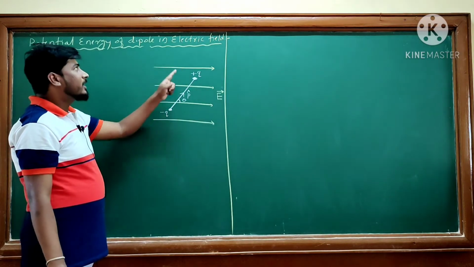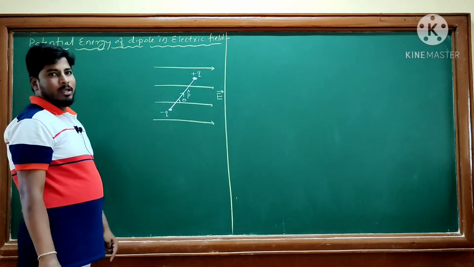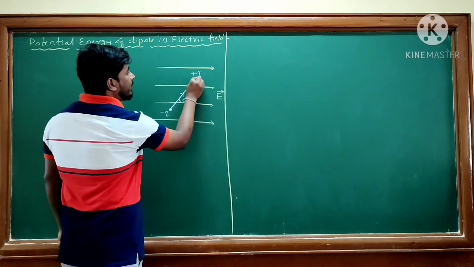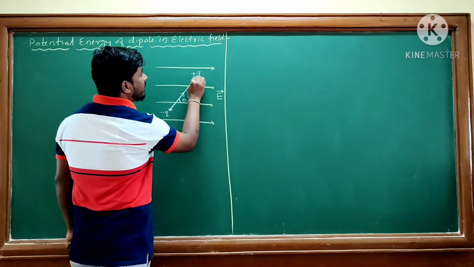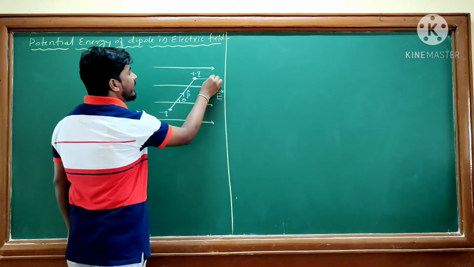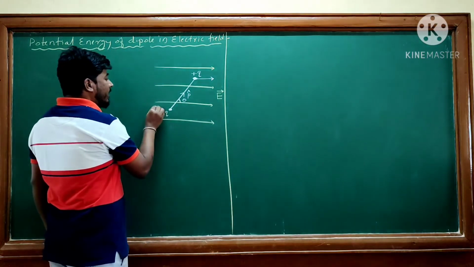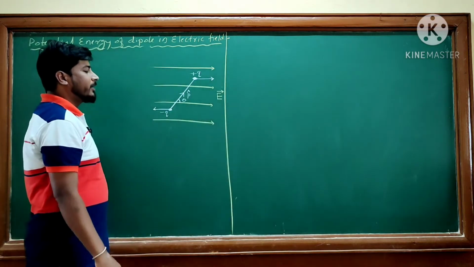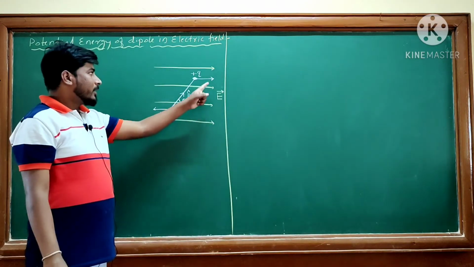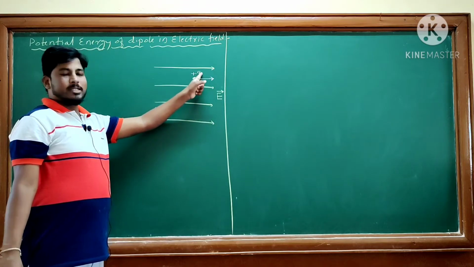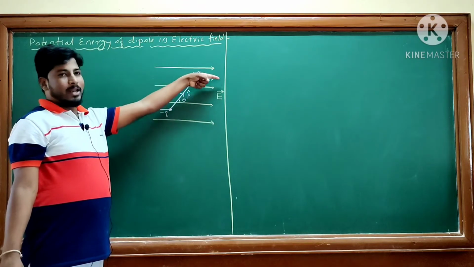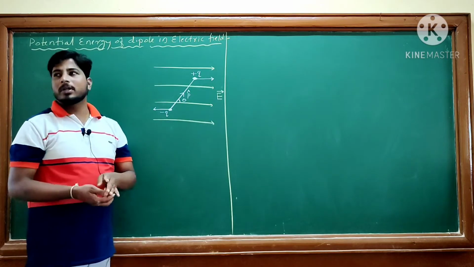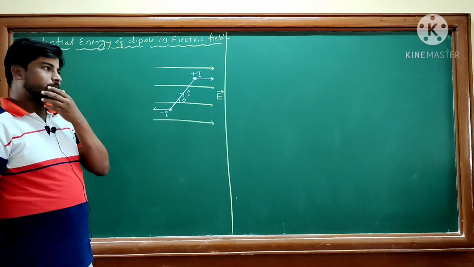In the uniform electric field, this dipole experiences the torque. Say the positive charge experiences a force in the direction of the electric field. The negative charge experiences a force opposite to the direction of the electric field.